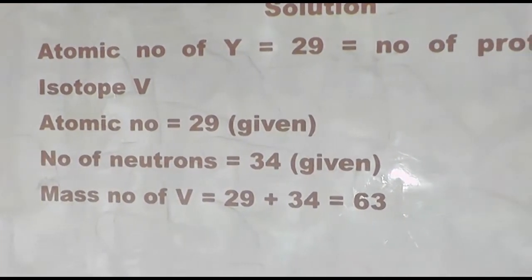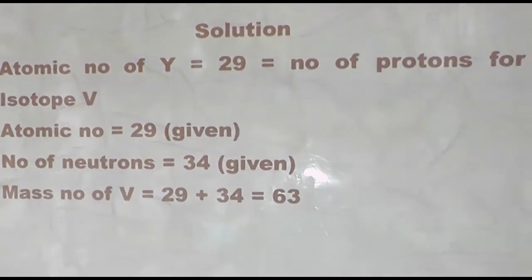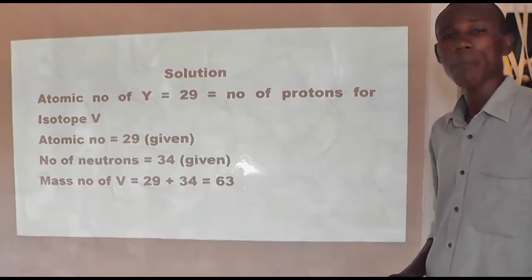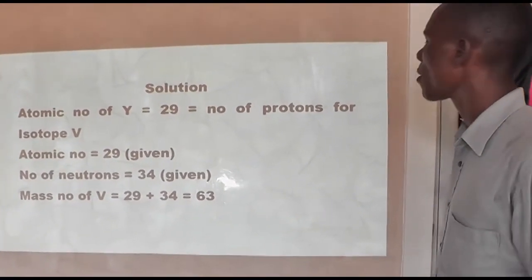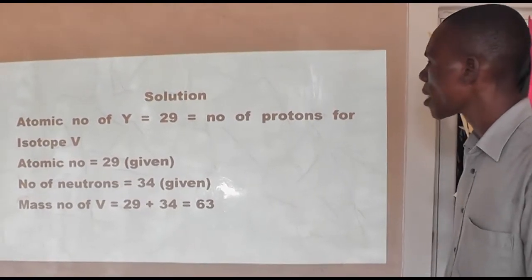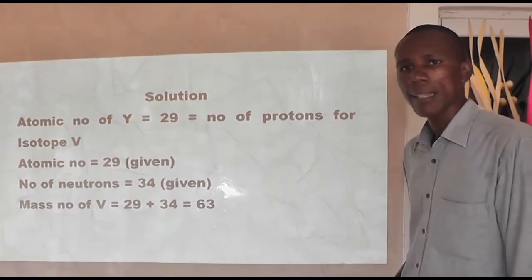That gives us 29 plus 34, which is equal to 63.